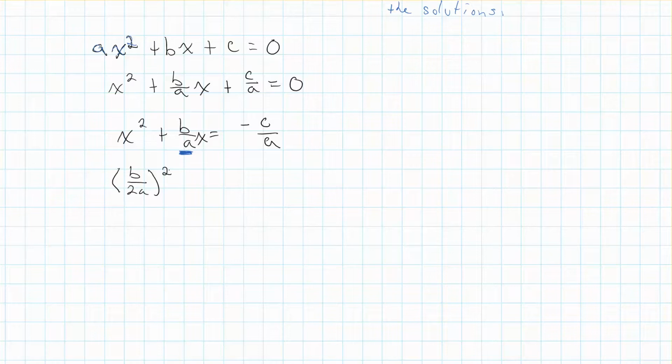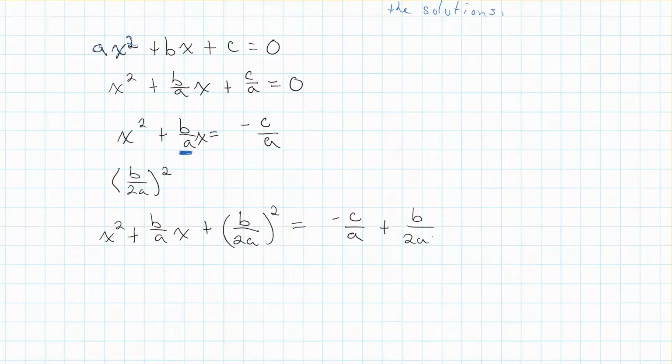We're going to have x squared plus b over a x plus b over 2a quantity squared. I'm not going to multiply it out actually on that side. And then this is equal to negative c over a plus b over 2a quantity squared.